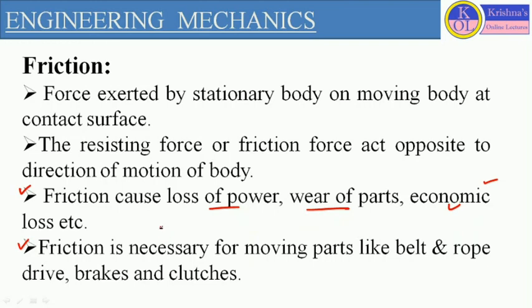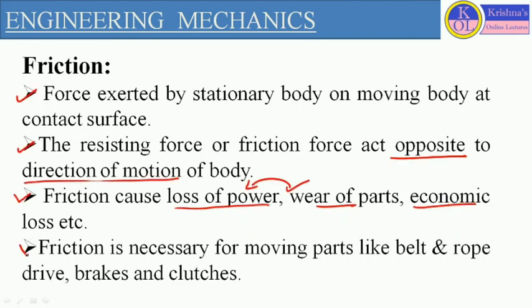So friction is present everywhere, to a considerable extent in every kind of machine. Friction is also a necessary force which is required for the moving parts or moving bodies. In machines like belt and rope drives, we can also consider friction, and in brakes when brakes apply.